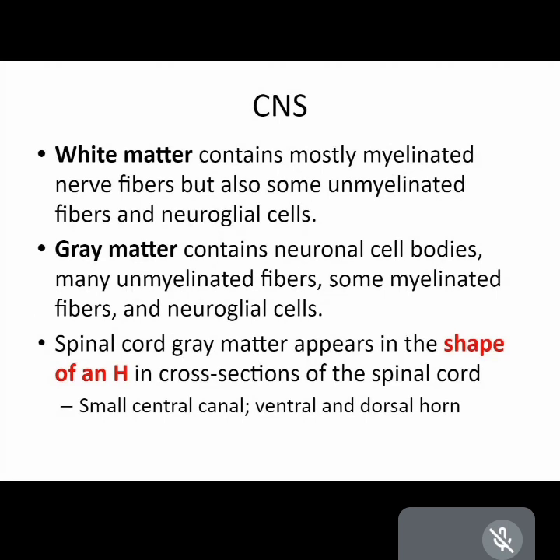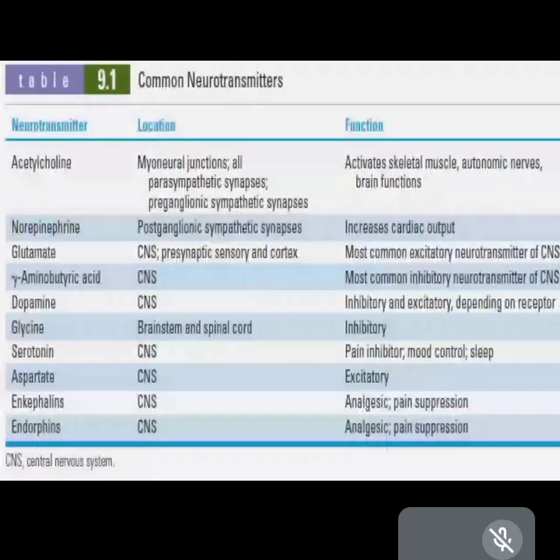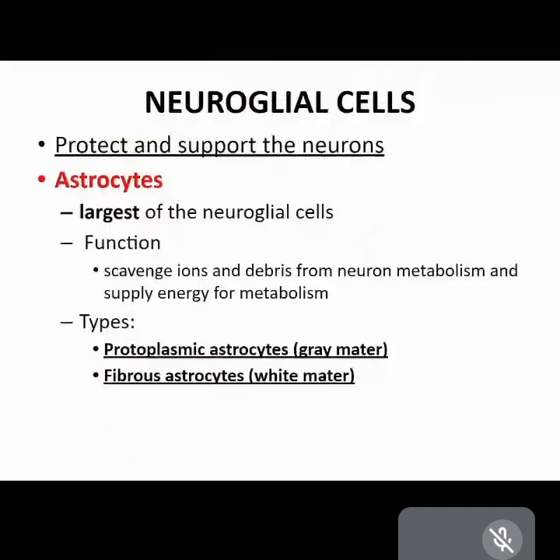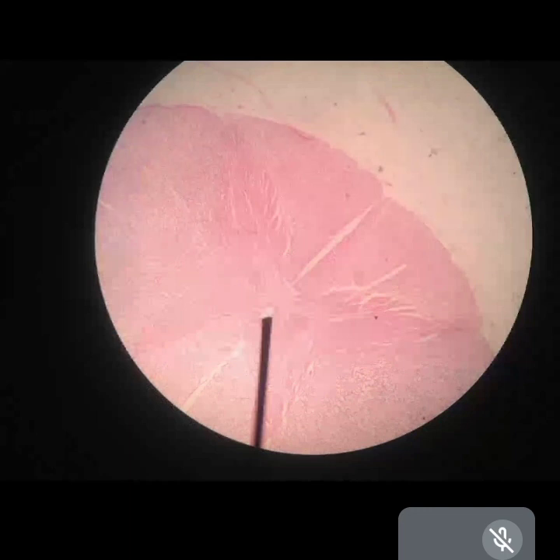The spinal cord gray matter appears in the shape of an H in cross-section of the spinal cord, which is the one that was flashed earlier, with a small central canal and a ventral and a dorsal horn. So I will go back to the picture of the spinal cord. That one in the pointer is the central canal.